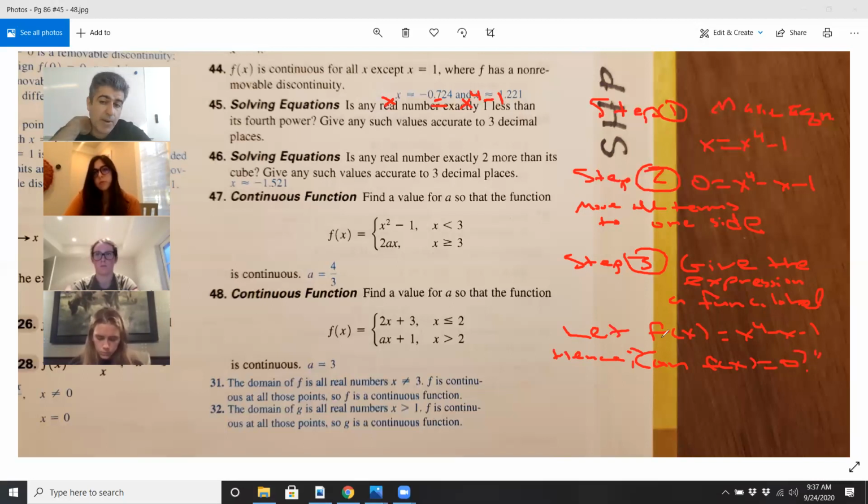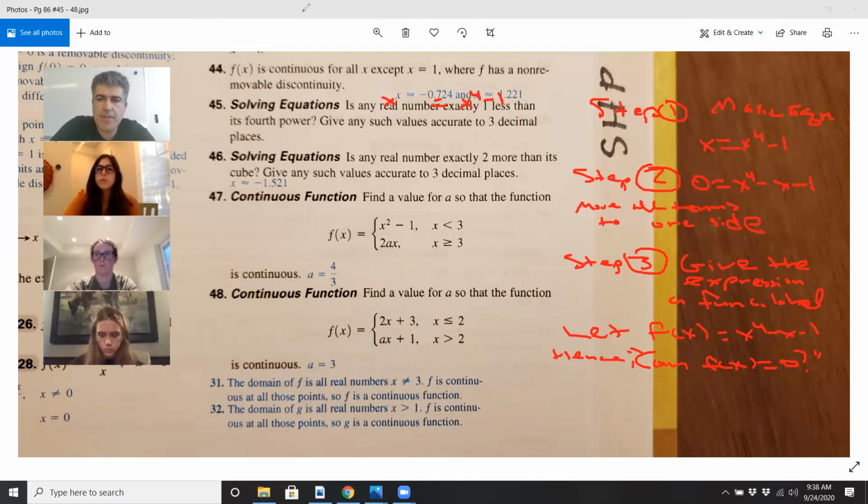So we just changed the question around. Again, you translate, rewrite the equation by moving all terms to one side, and give the expression a function label, like f of x equals this. So now the question becomes, can f of x equal 0, right? That's what we're trying to prove.